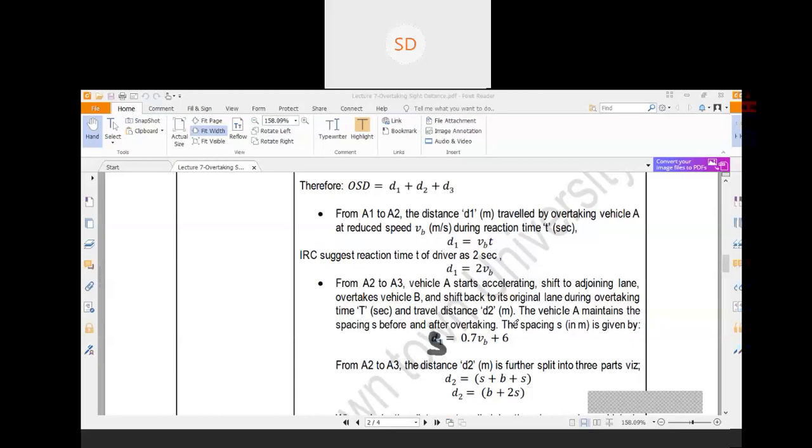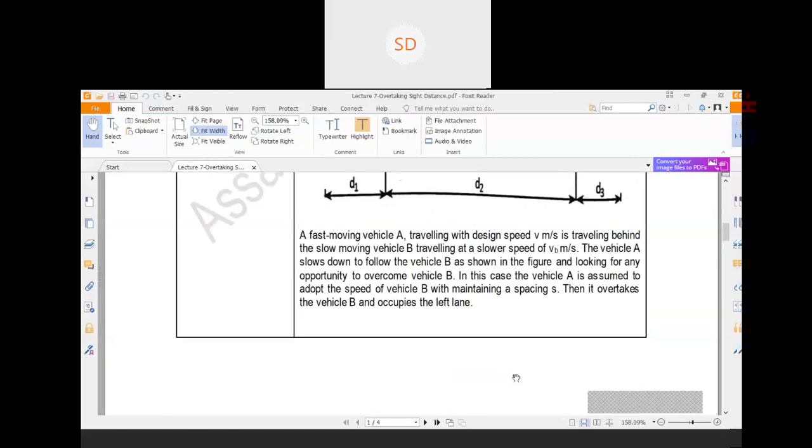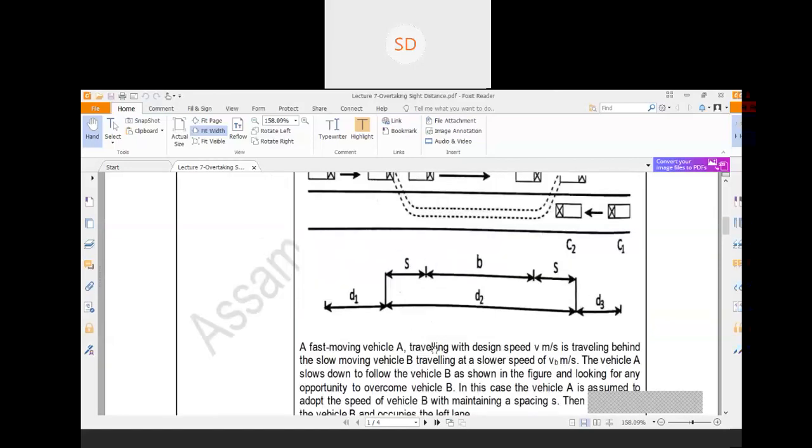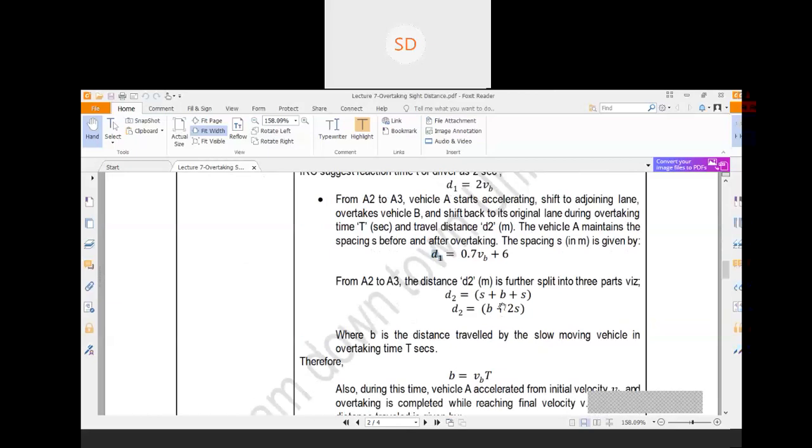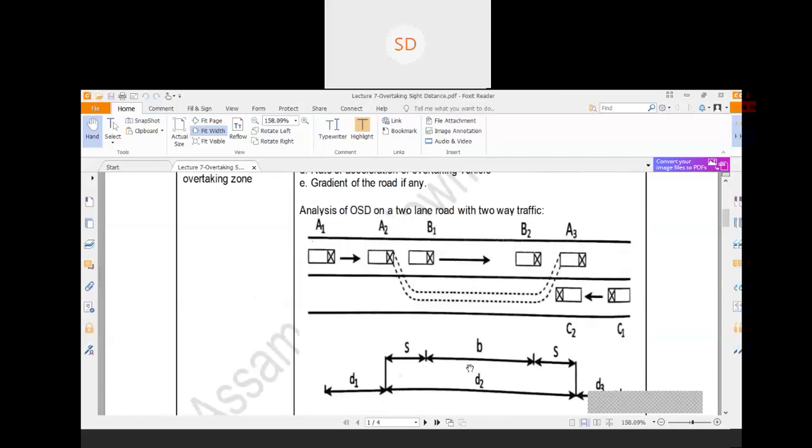Now your d2, as we have already discussed, is b plus 2s, as you can see from the figure. So now you need to find out what is b. You do not know the time for the total overtaking operation. Suppose the time taken for the total overtaking operation is capital T second.